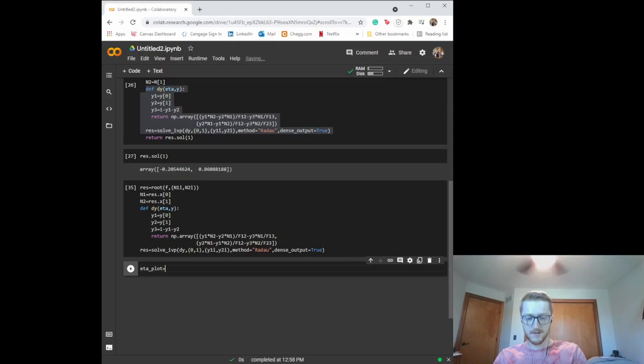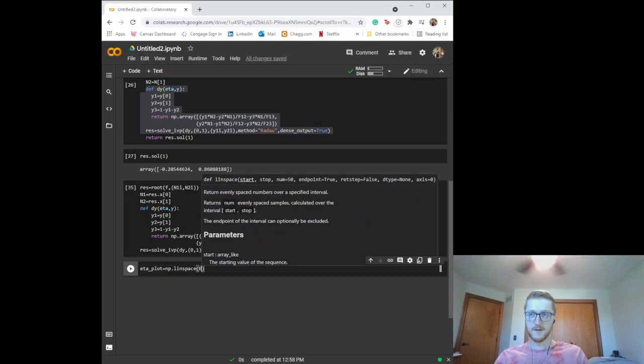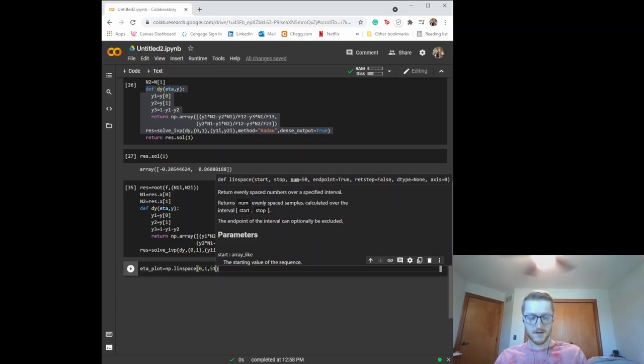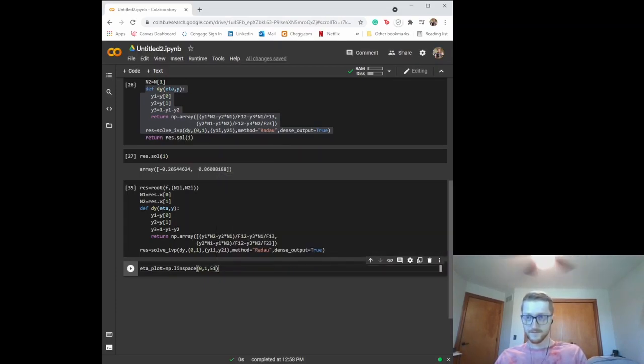And that's going to be equal to numpy dot linspace, which is just going to create equally spaced points, and we're going to go from the range of eta, which is from 0 to 1, and we want 51 evenly spaced points between those values.